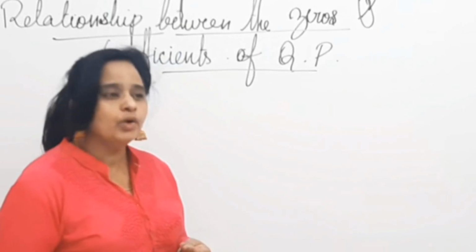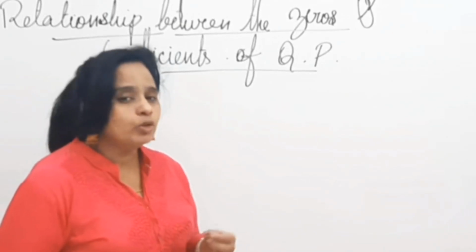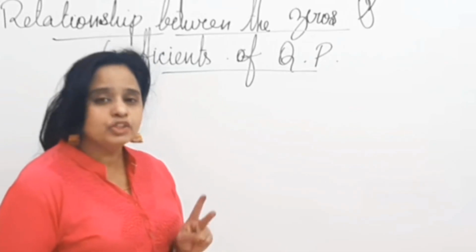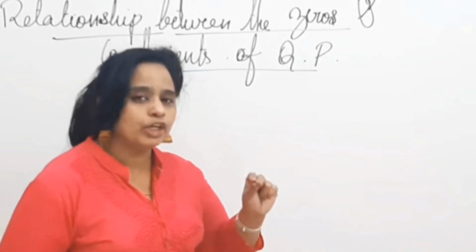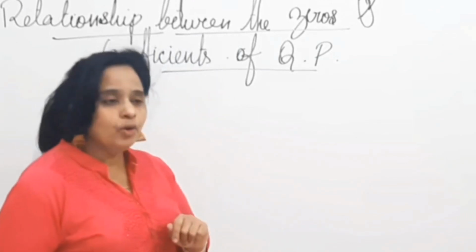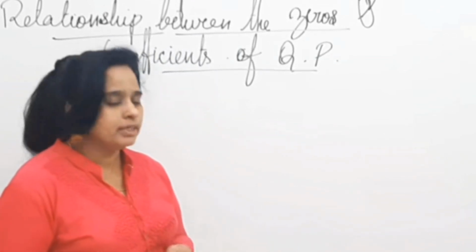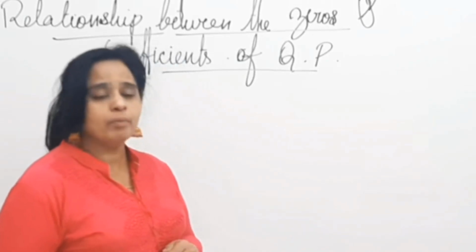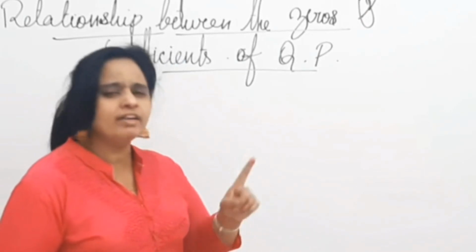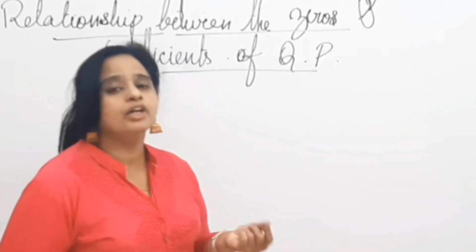But I tell you, in a quadratic polynomial, there would be at the most 2 zeros. Only 2 numbers maximum can make that polynomial 0. No more than 2 numbers can make that polynomial 0. For a linear polynomial, there will be only one value of x which makes that equation 0.